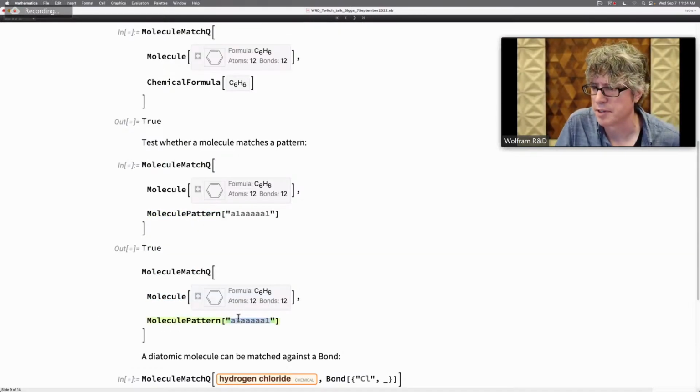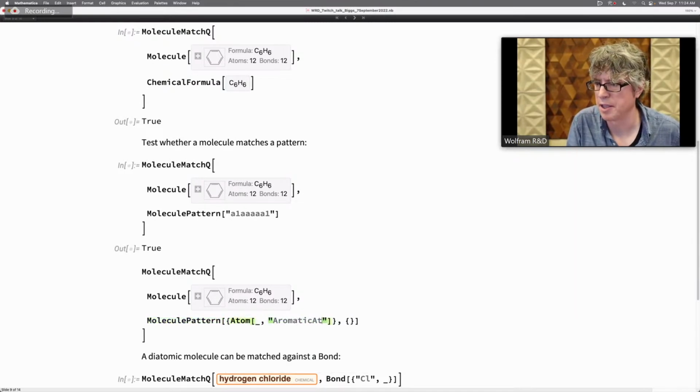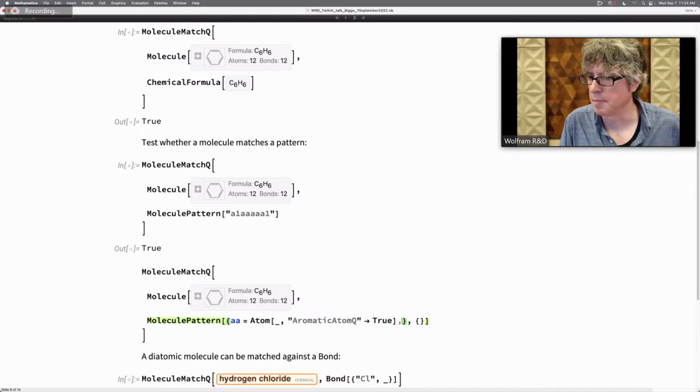So we could write molecule pattern. So we could say atom blank, aromatic atom Q goes to true, right? And let's go ahead and call that aromatic atom, AA. And so then in the molecule pattern we're building here, AA, 1, 2, 3, 4, 5, 6.